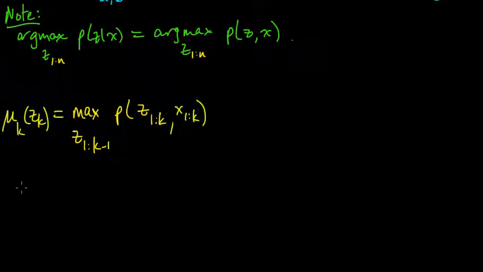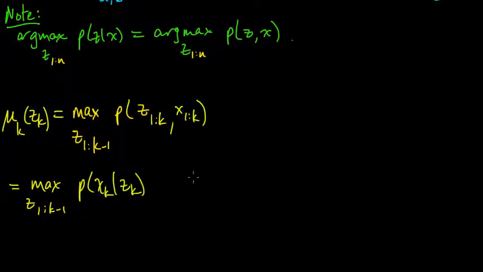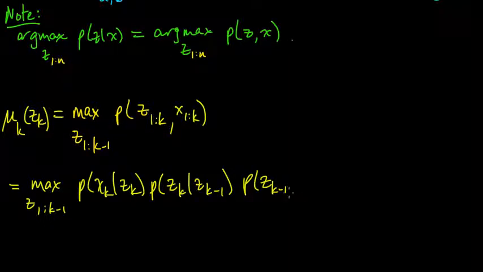We can factor this, so let's make a new line. We can factor this as the probability of xk given zk, times the probability of zk given zk minus 1, times the probability of all the z's up to zk minus 1 and x from 1 to k minus 1.